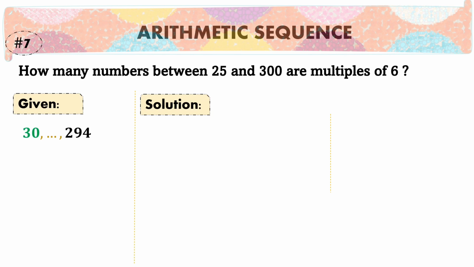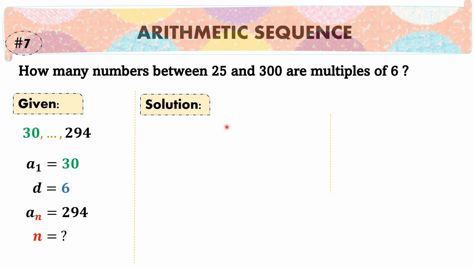The first number is 30, because 30 divided by 6 is 5. And the last number before 300 is 294. First term is 30, D is 6, because multiples of 6. A sub n equals 294.